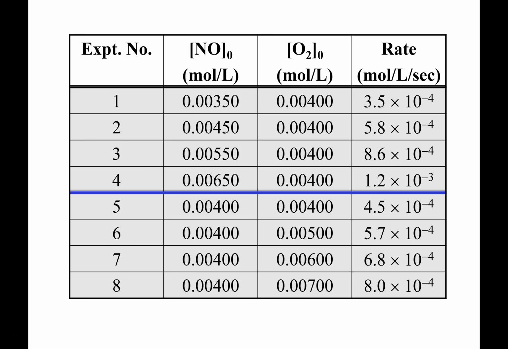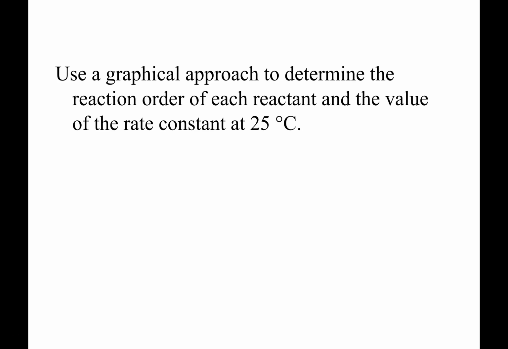That works. And it should follow a trend that we've been talking about. As we increase the initial concentration of any reactant, as long as it's a positive reaction order, which these will be, notice that the rate increases. Increase the molar concentration of the O2, the rate increases. It's always nice to say, yeah, that makes sense. These were all run at 25 degrees Celsius.